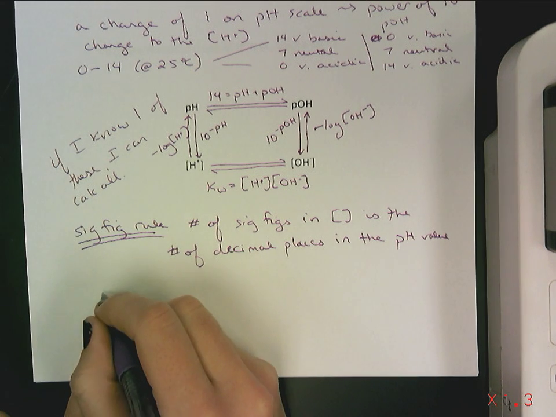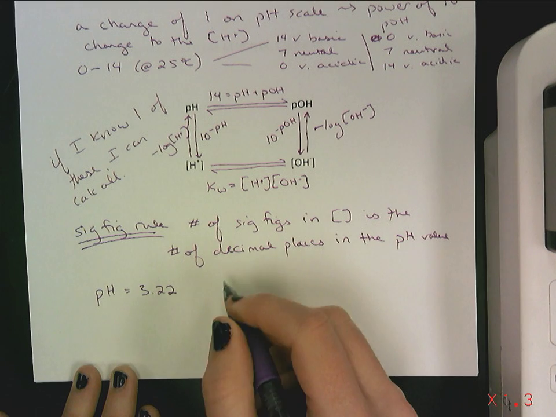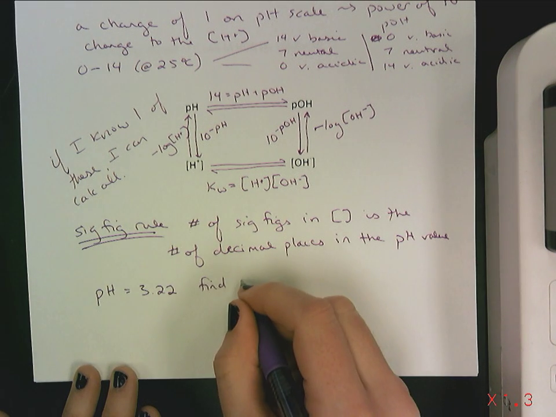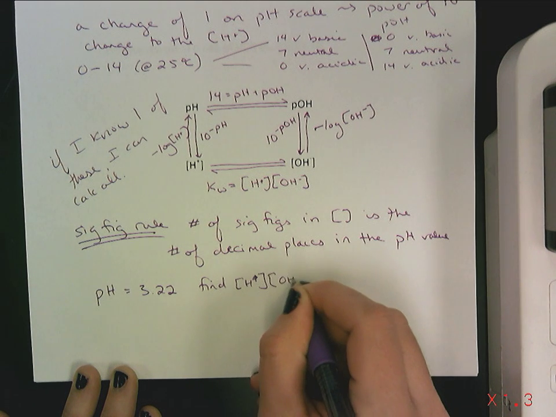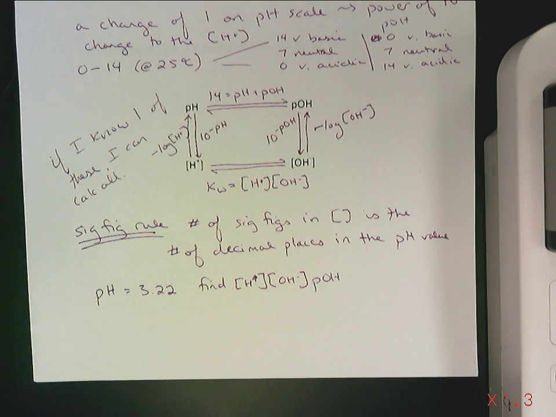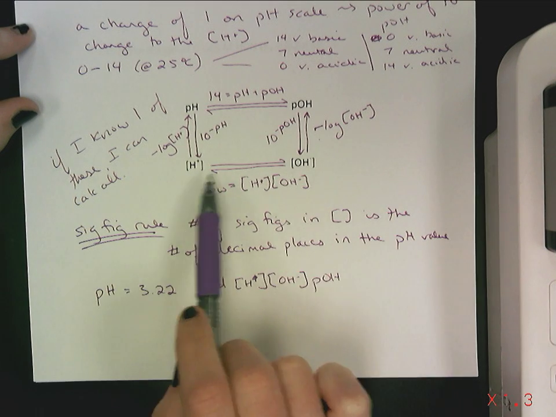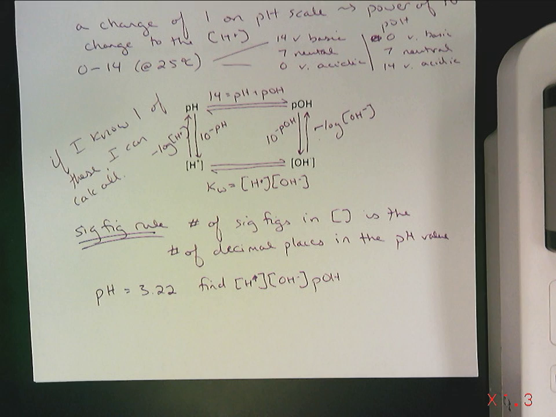All right, so to do a quick sample calculation here, let's say we have a pH of 3.22, and we're being asked to find the H plus, the hydroxide, and the pOH for that. You can go any way around that you want. You can go from pH to pOH to OH to H plus, or you can go from pH to H plus to OH to pOH. No one cares.